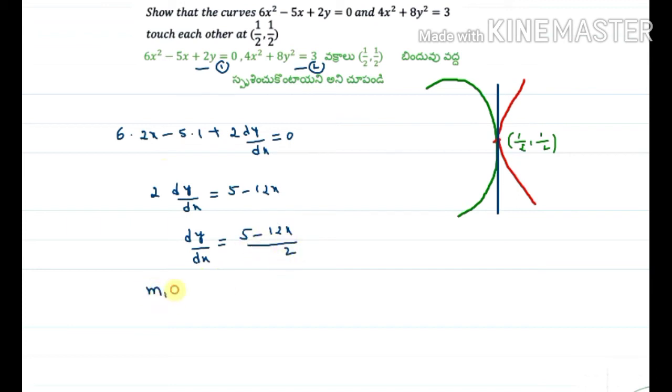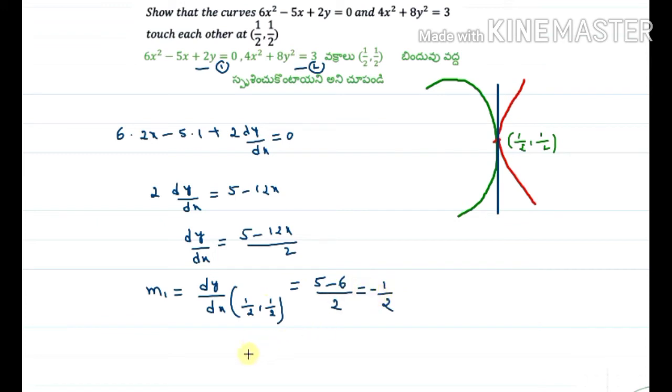Now m1 is dy by dx at the given point 1 by 2 comma 1 by 2. Instead of x substitute 1 by 2, y 1 by 2. 5 minus 12 by 2, 12 by 2 is 6, divided by 2. So this is minus 1 by 2.